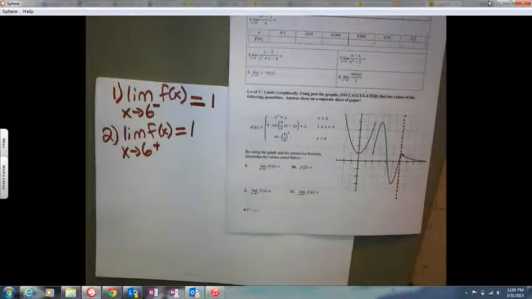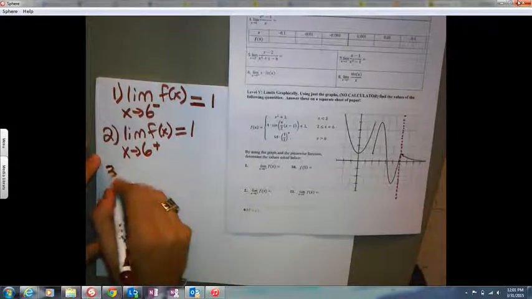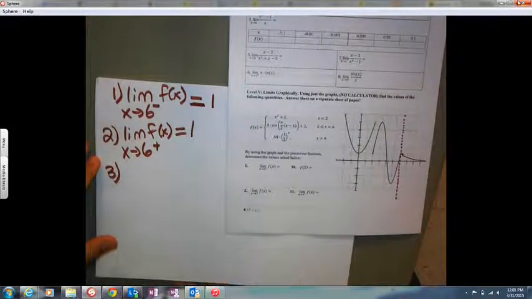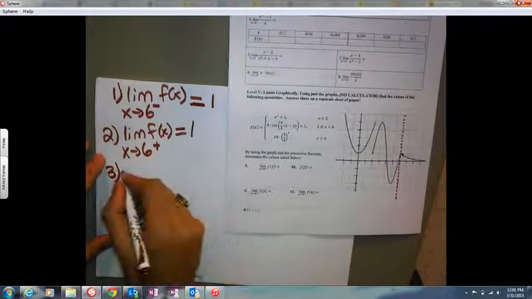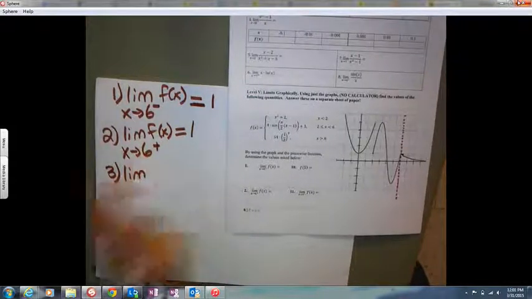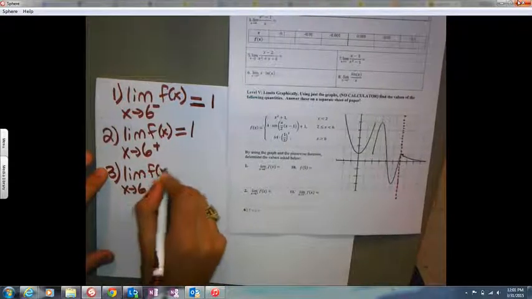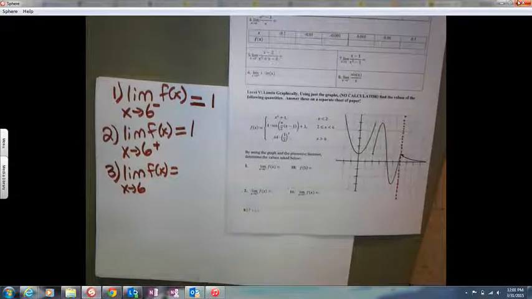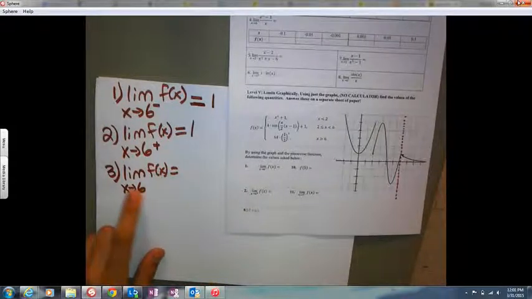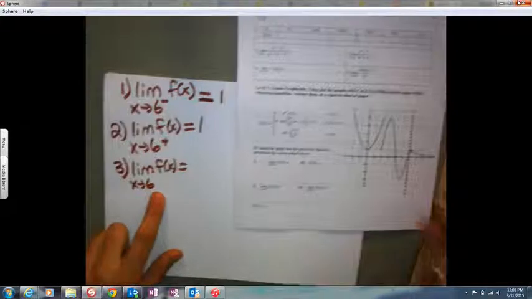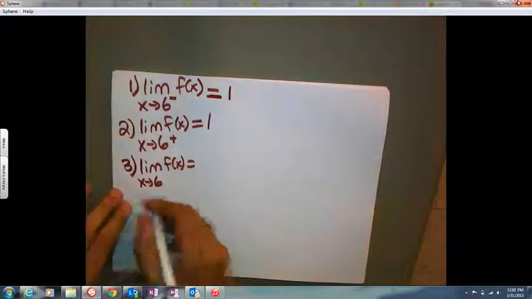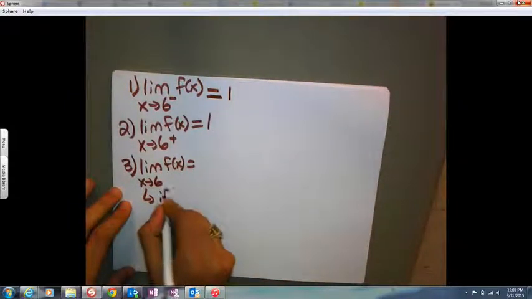Okay. Number 3, the numbers kind of got messed up. It's actually on page 7. Number 3 is kind of weird, but limit as x goes to 6 of f of x. Again, this is the double-sided limit, and this allows me to bring in a rule that we need to know. I'll do it in theory first, then a number.